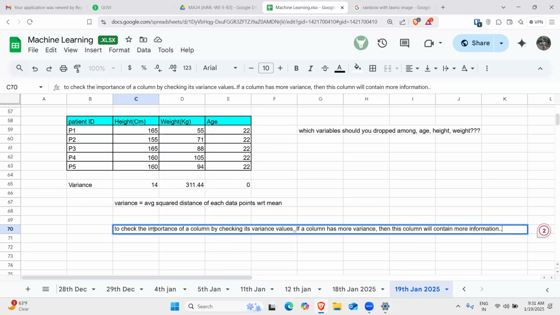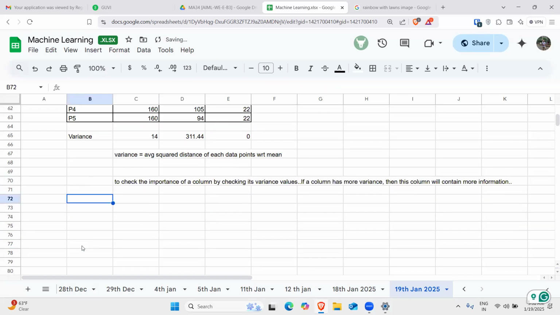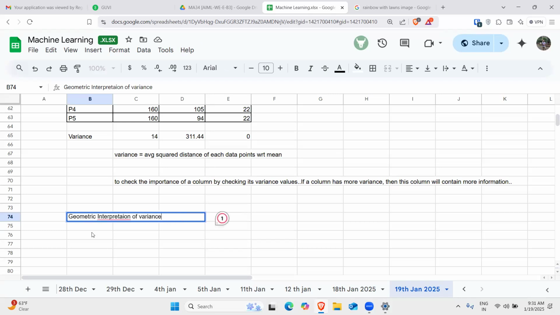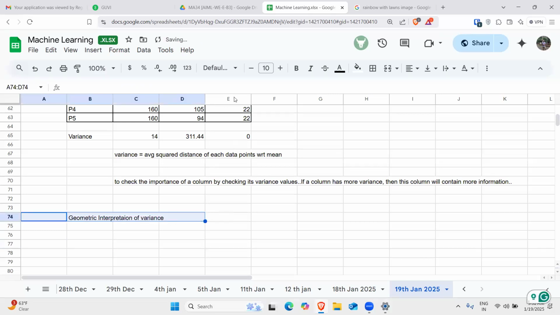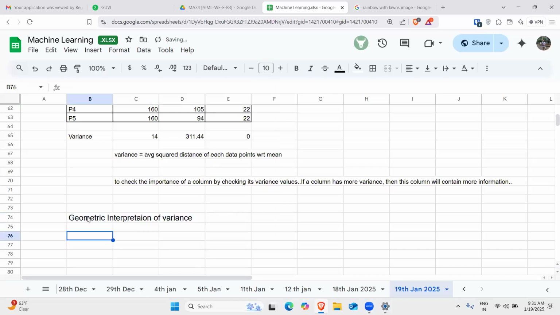Simple. The geometrical interpretation of variance is like this. So suppose somebody asks, I don't believe what you are saying. I have some proof for you, guys: the higher the variance, the higher the information. How can you see that?